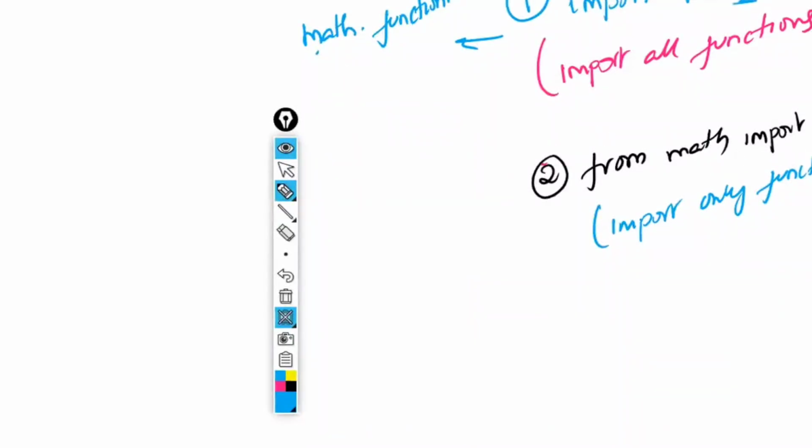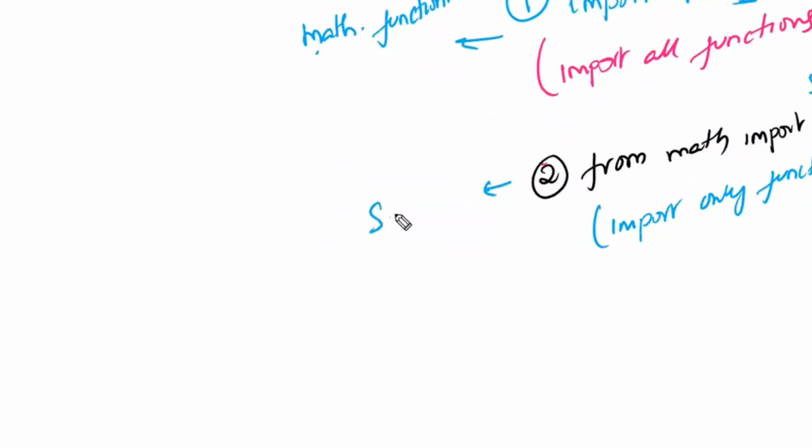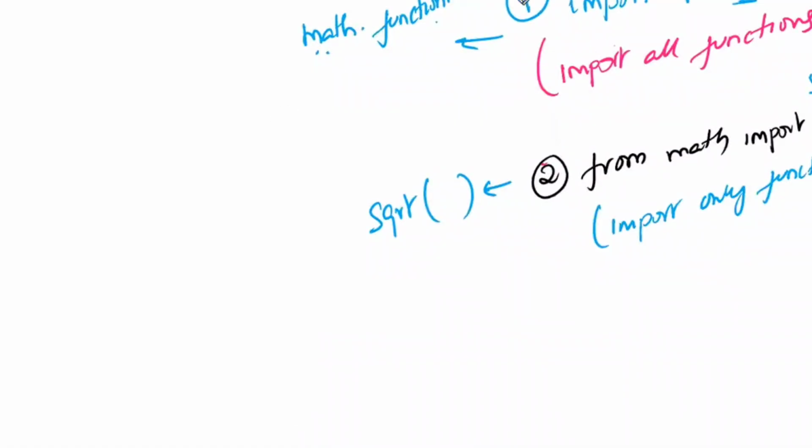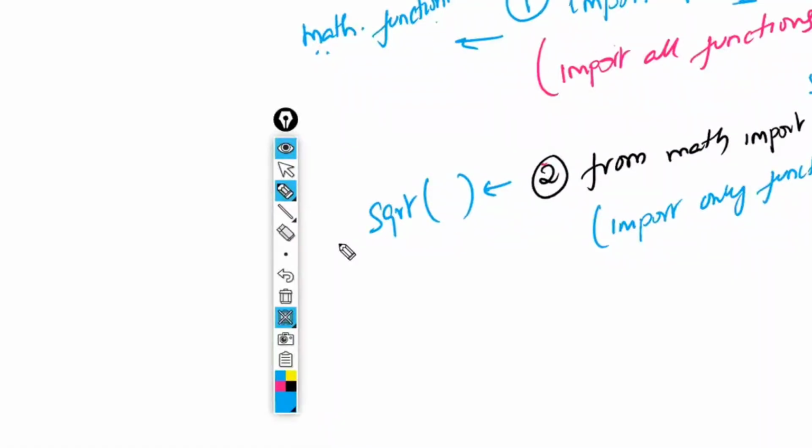For example, you have imported sqrt here. Directly you can start with the function name only. In this case, you have to use math.function name. In this case, directly from the function name only you can start, because already you have imported this function now. In the backend, that function is running, and directly it will work.